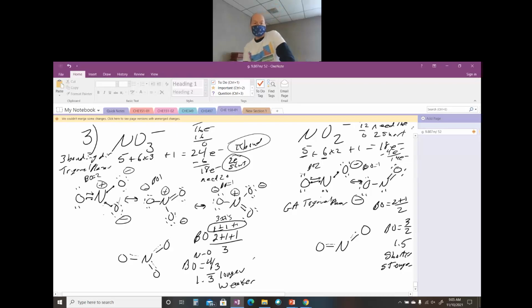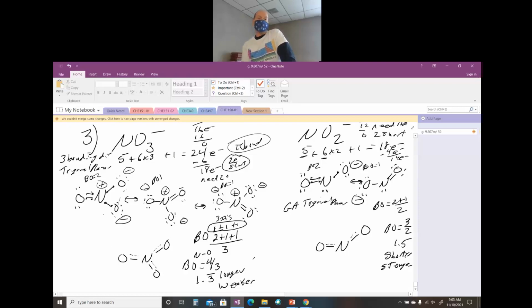So a double bond is stronger and shorter. A single bond is longer and weaker. The bond order that is higher is shorter and stronger. The bond order that's lower is longer and weaker. All right, so that's our bond order.